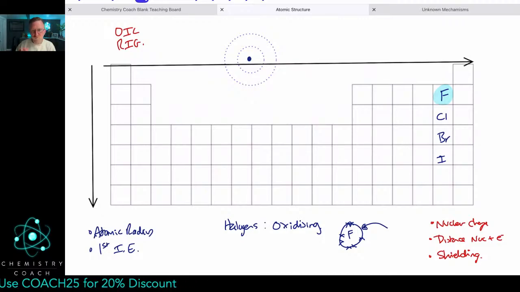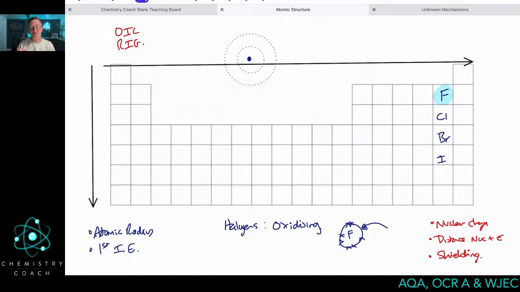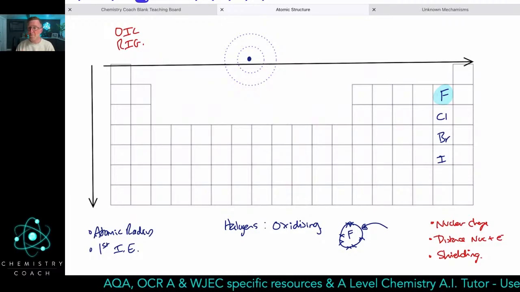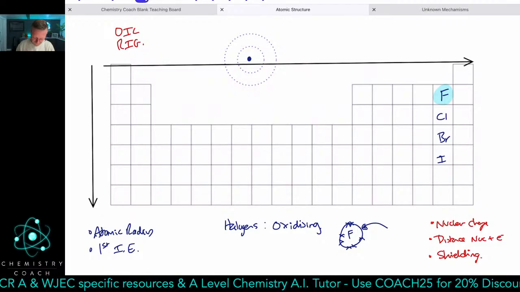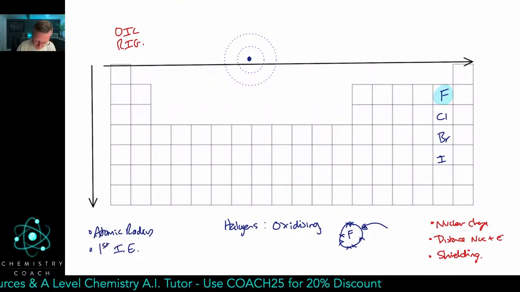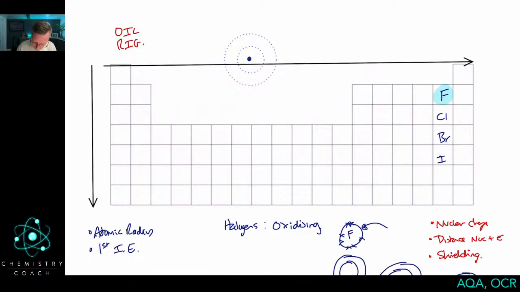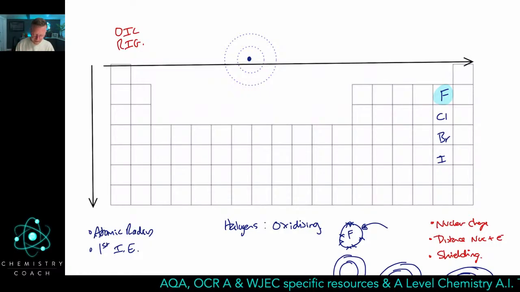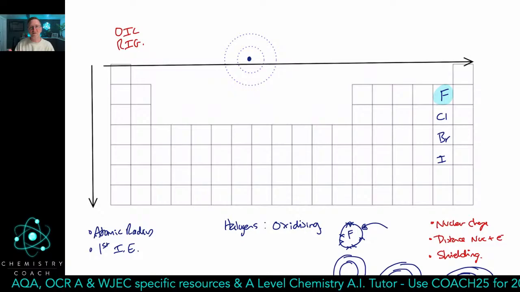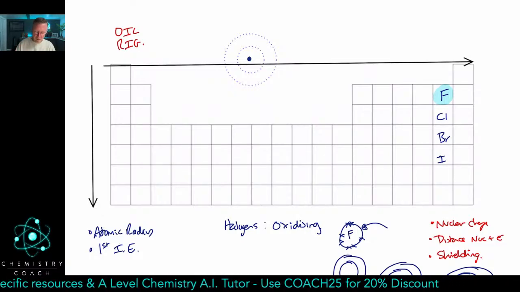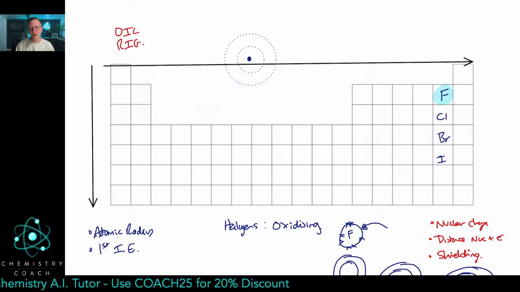Now, if you think about the reason for that, to be a good oxidizing agent, fluorine needs to be really good at attracting an electron towards it. Okay, that's what makes it a good oxidizing agent. When you look at the atomic structures of fluorine, of chlorine, I'm running out of room here, of bromine and of iodine, it's quite clear why fluorine is the most powerful oxidizing agent, because fluorine has the least amount of shielding.